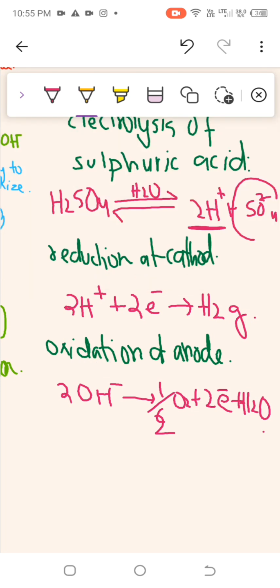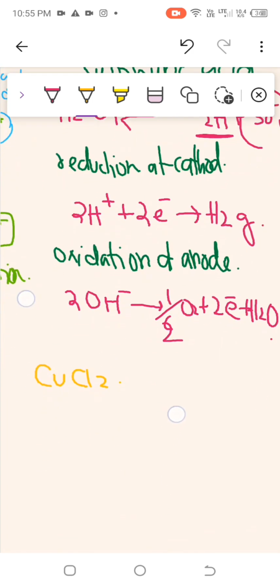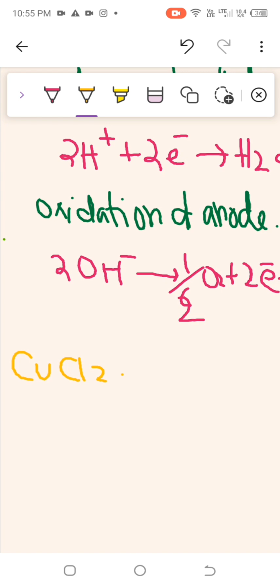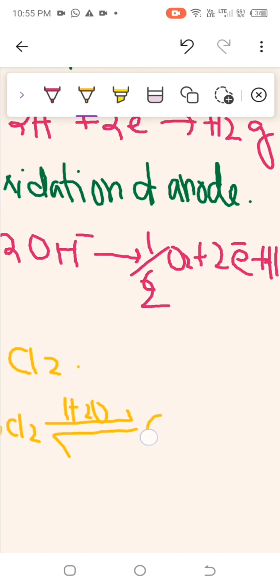Now, if you talk about the aqueous solution, or electrolysis of CuCl2, ठीक है, copper chloride. Copper chloride will be broken with the help of water into Cu 2 positive plus 2 chloride ions, right?